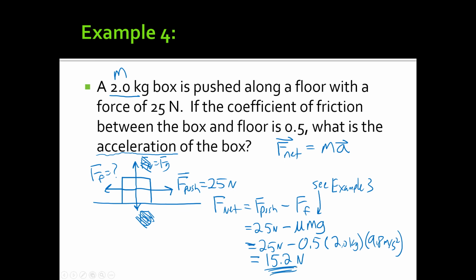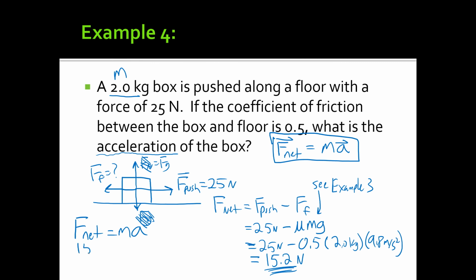But we're not done yet, because the question is asking us for the acceleration. Now we can go back and use this equation. F net is mass times acceleration.